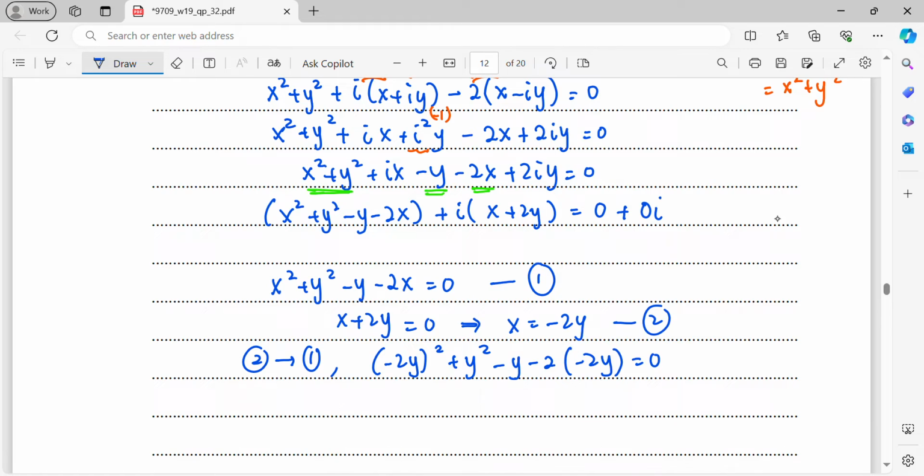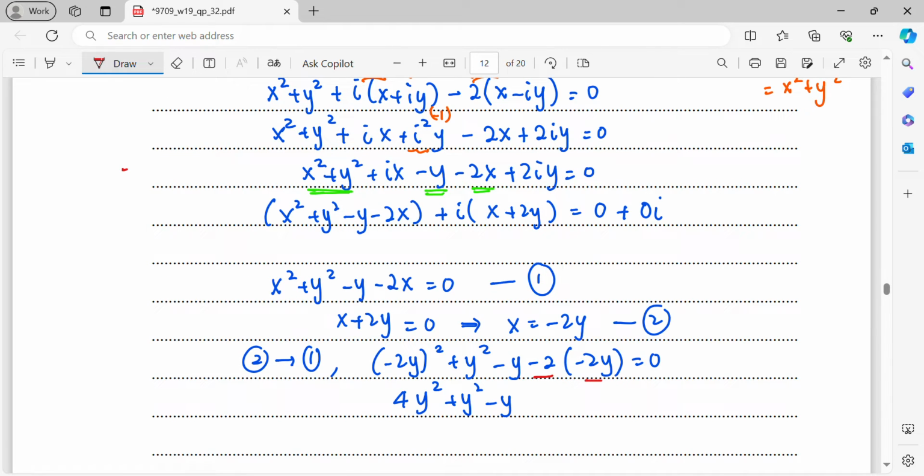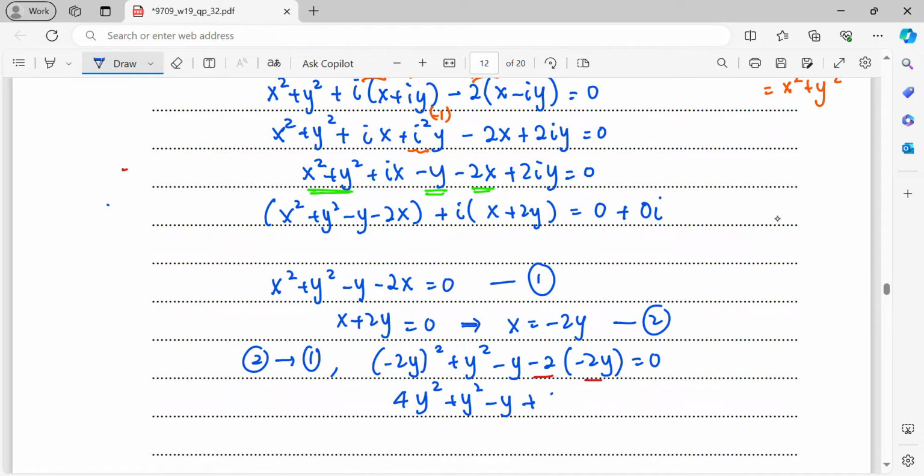And now, just expand the first term. Square of minus 2 is 4. Square of y is y squared, then plus y squared minus y. And now, look at here. This minus 2 times minus 2y is plus 4y. So I get plus 4y equals to 0.